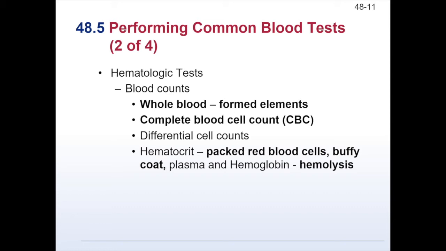These tests can be performed on venous or capillary whole blood specimens. Whole blood contains formed elements of red blood cells, white blood cells, and platelets, along with the liquid portion called plasma. A complete blood cell count will include the number of red and white blood cells, along with the percentage of each of the different white blood cells, called differential.